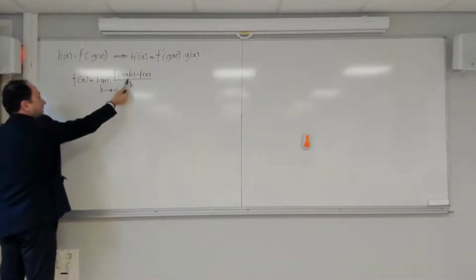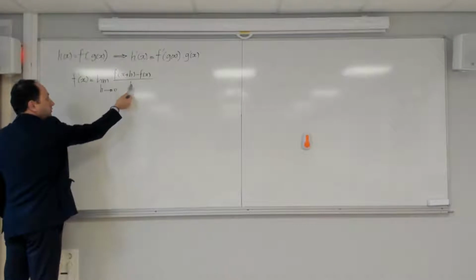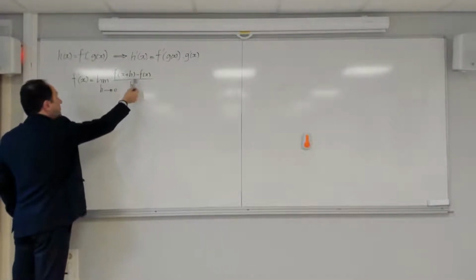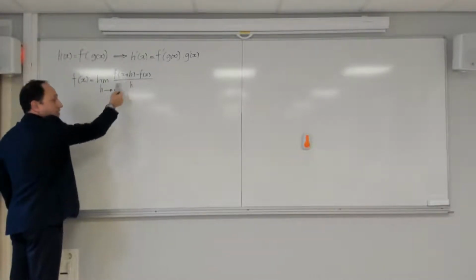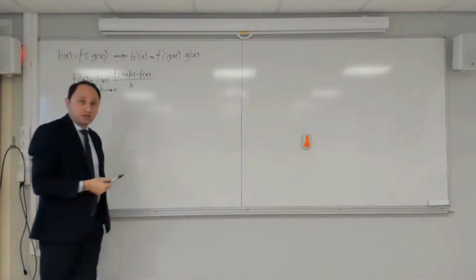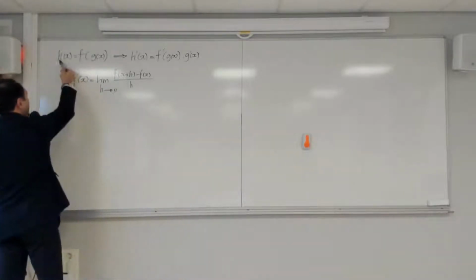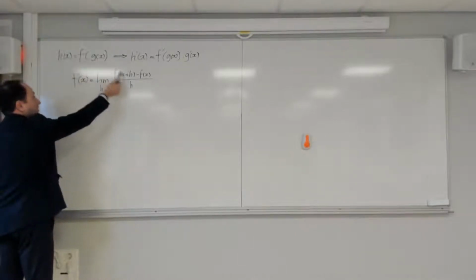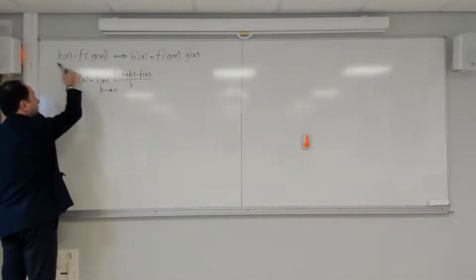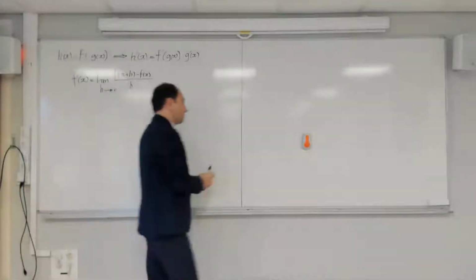So if you don't mind, let me keep the letter h as before, because we have got used to this. But let me change the name of this function so that there is no confusion between this h and that h. Here h is the increment in the x direction, and here h was the name of my function. So I will change the name of the function because I don't want you to get confused between these two same symbols, okay?